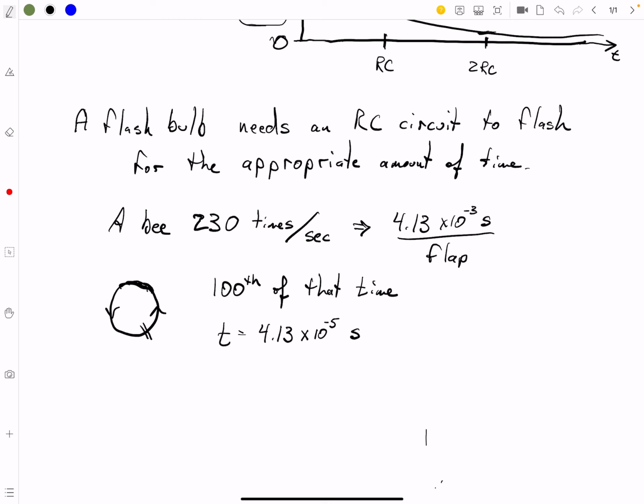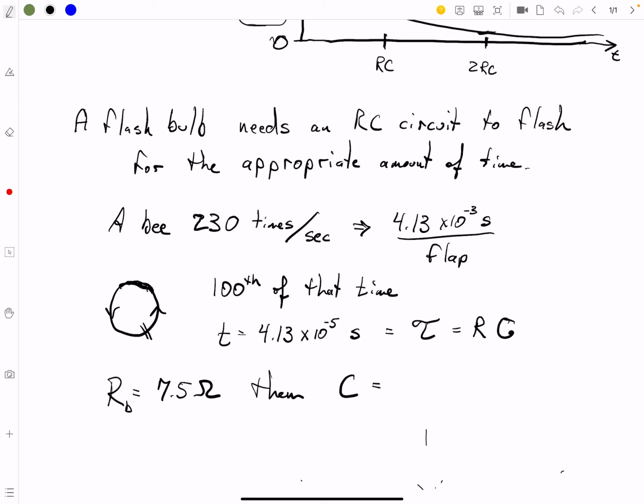And we're going to set that equal to tau, and that equals some RC. So if we're given the resistance of the actual flash bulb, equal to 7.5 ohms, then we know what the time is. We can solve for the capacitance. What capacitance do we need?